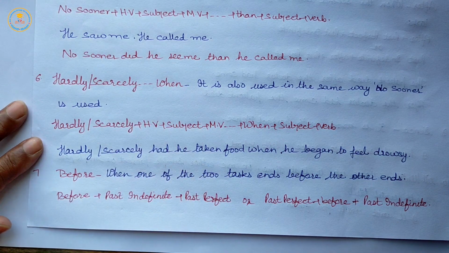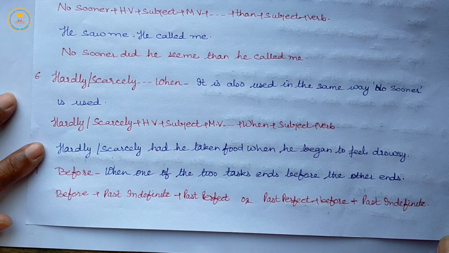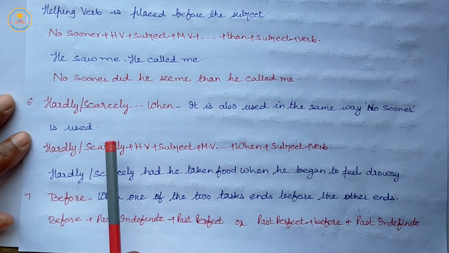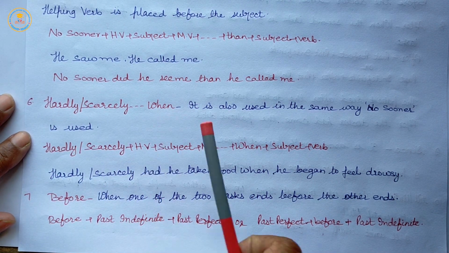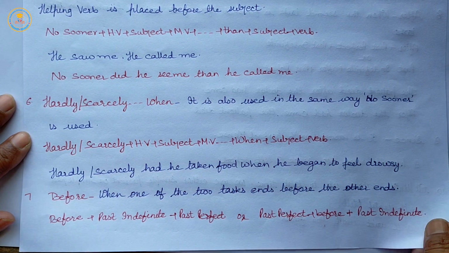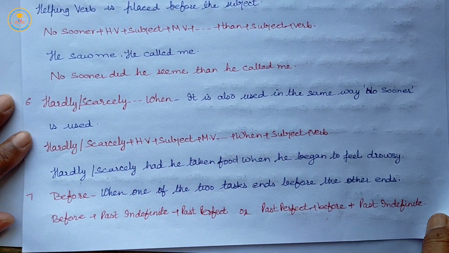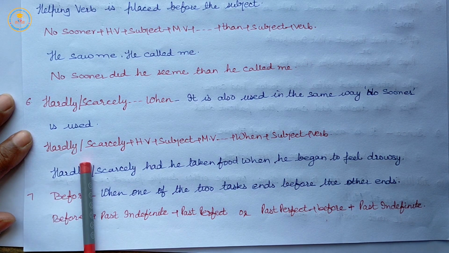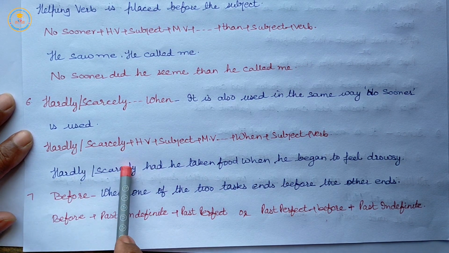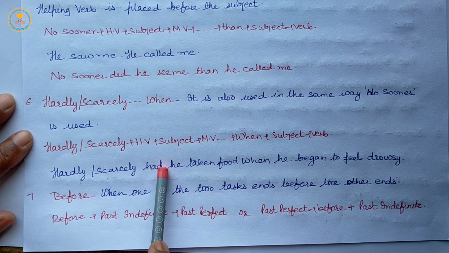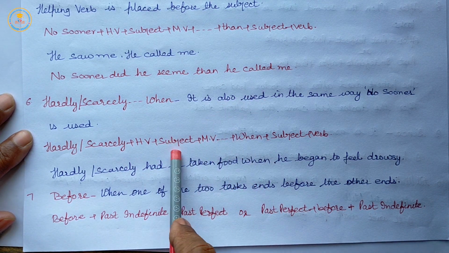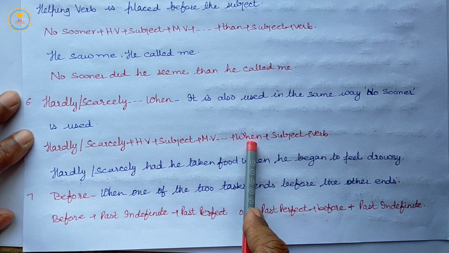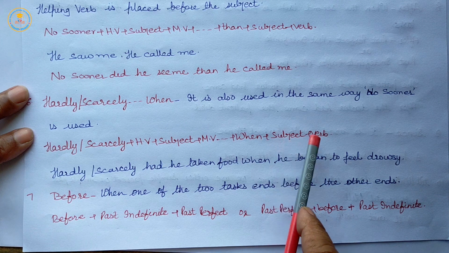So, hardly or scarcely when is also used in the same way no sooner is used. Pattern: hardly or scarcely plus helping verb plus subject plus main verb, rest of the sentence plus when plus subject plus verb.